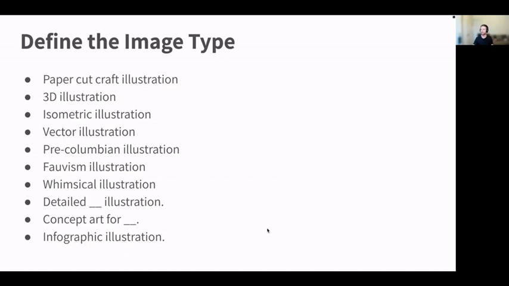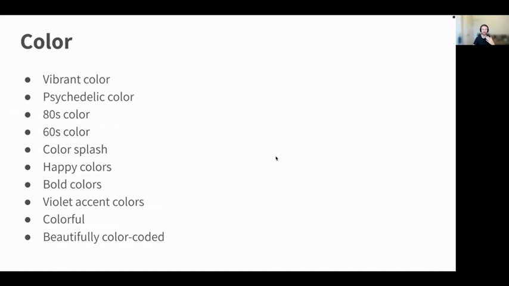These are just a couple of examples of things that you can use to create an image. You can also define the color. If you want vibrant colors, psychedelic colors, color splash, bold colors, happy colors, you can really decide what kind of coloring you want, and the AI will create it for you.